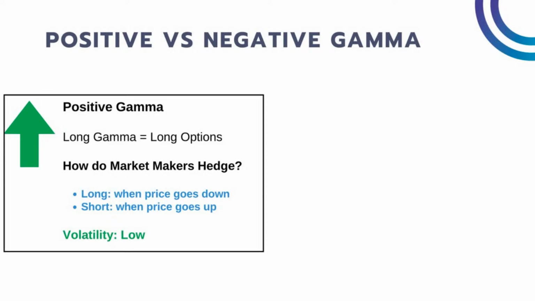They do this to delta hedge their position, because, as we talked about this week, their business is not taking risk but rather facilitating the exchange of securities, options, stocks, etc. By doing this in positive gamma, we typically see low intraday volatility. This is important because as a trader, volatility is your currency, so you want to understand if we are in a very volatile day or a lower volatile day.